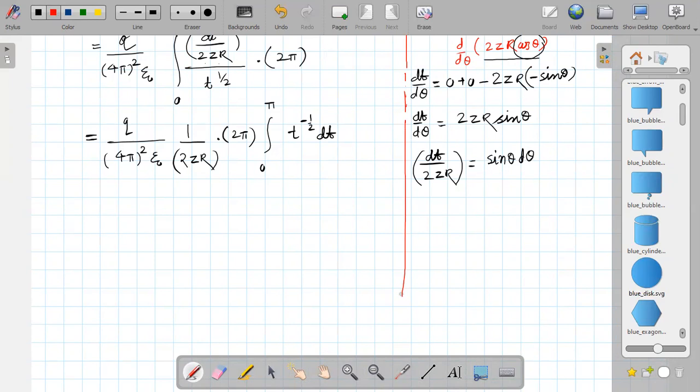Therefore from this, q upon 16 pi square epsilon 0 into 2 times zr. Here we can use bracket into 2 pi.